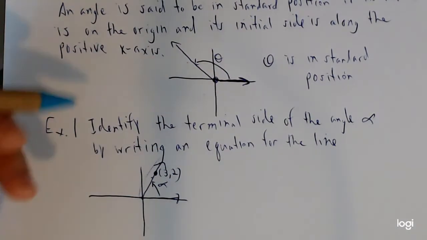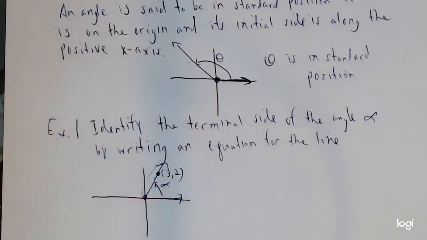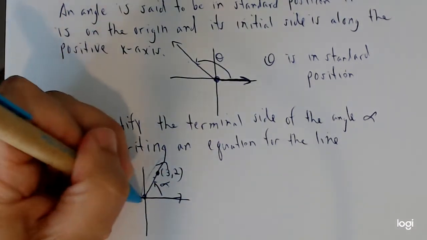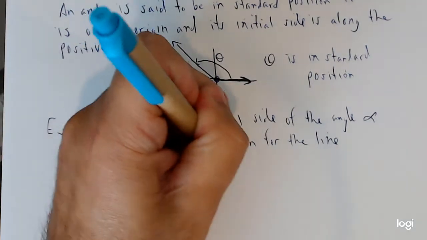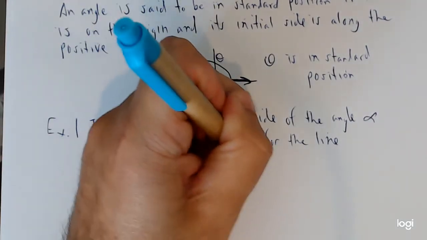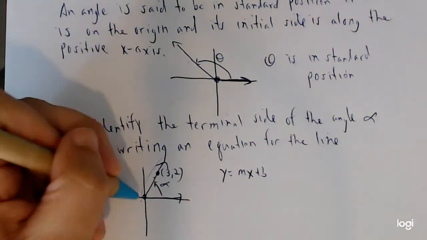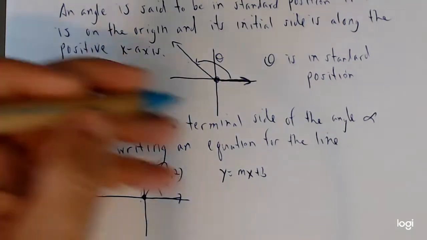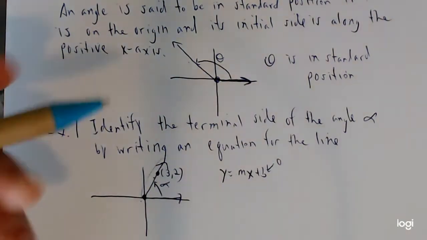Notice that this is a line that goes through the origin, which means its y-intercept is 0. If you remember, y equals mx plus b is the equation of a line in slope-intercept form. Since the line goes through the origin, b is 0. So I really need to find the slope, which is the rise over run.